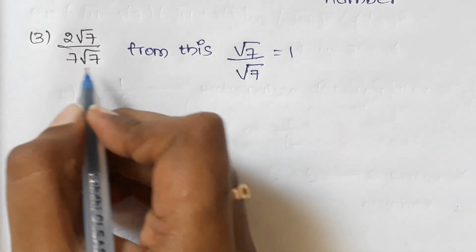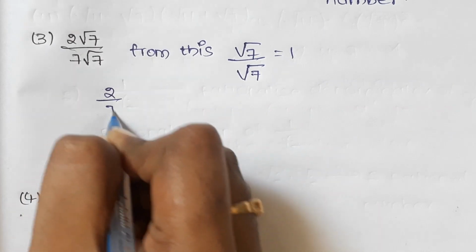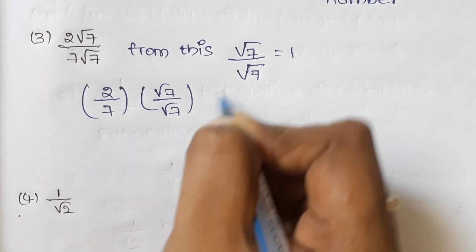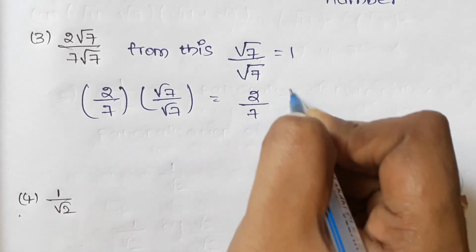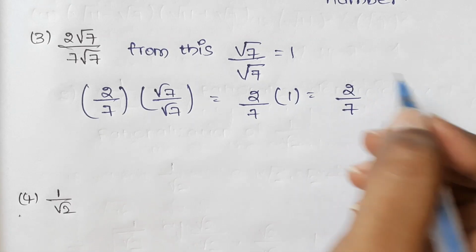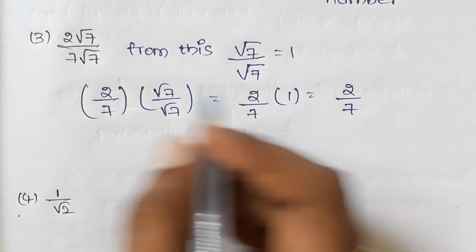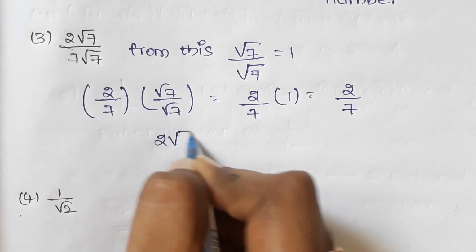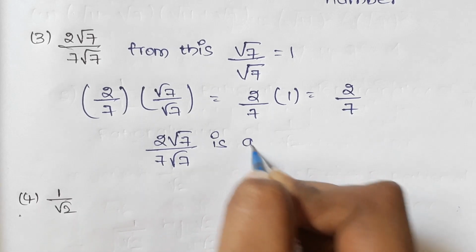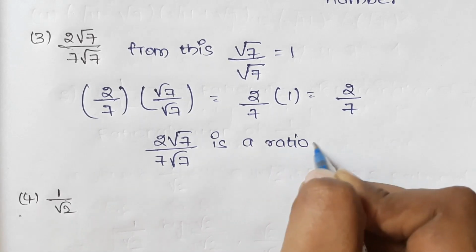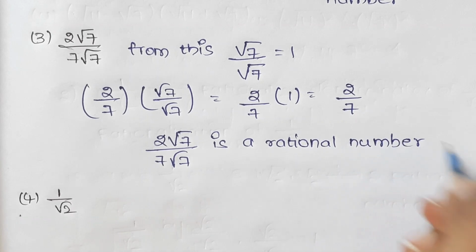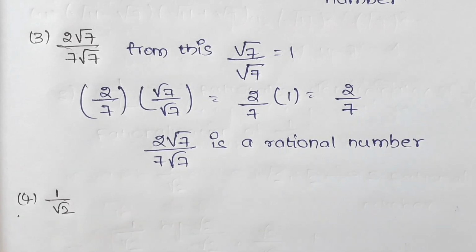So let us separate this: 2 by 7 into root 7 by root 7, that equals 2 by 7 into 1, that is 2 by 7, and here this given 2 by 7 is a rational number. So 2 root 7 by 7 root 7 is a rational number. And this is about the third one.